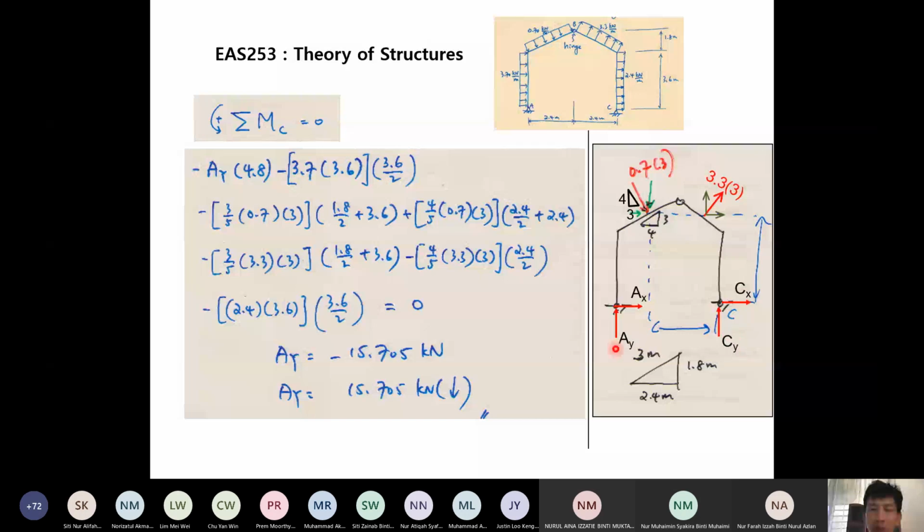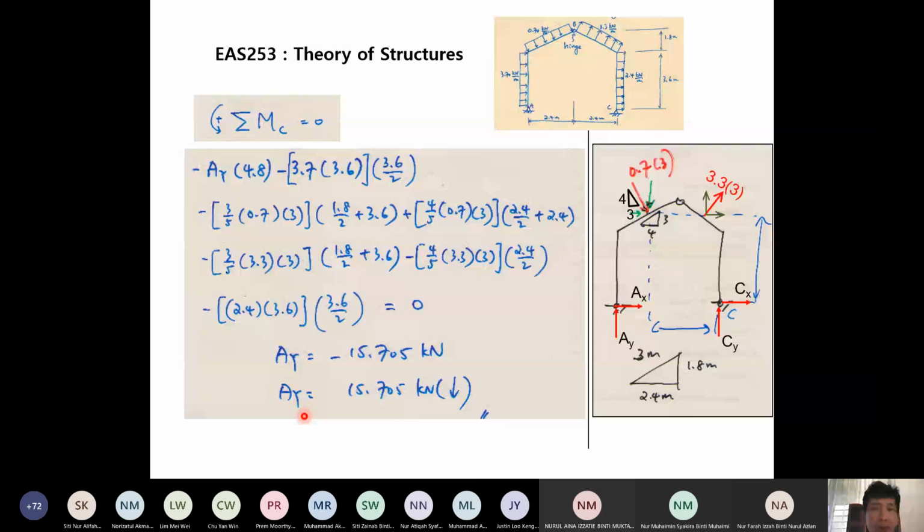The line of action of AX is passing through point C, so it does not cause any moment at C. So if you do this, then eventually we get AY directly.